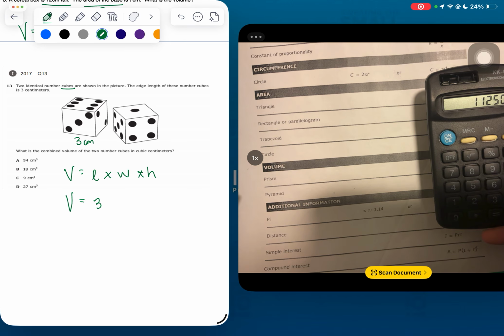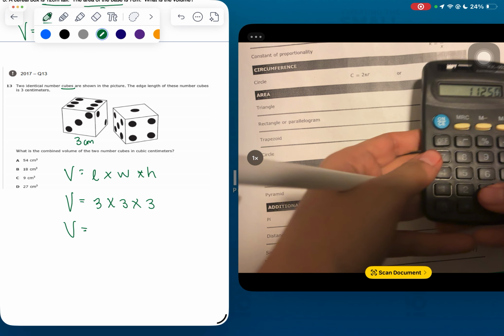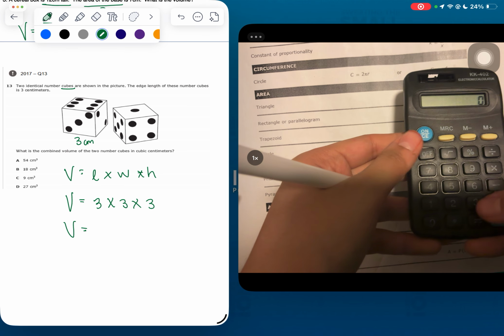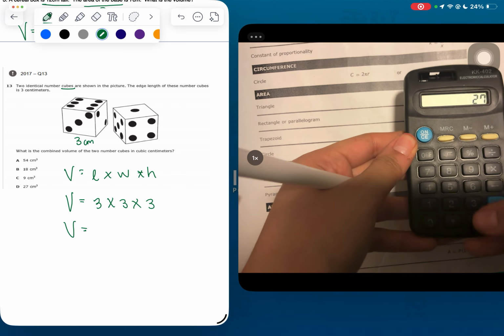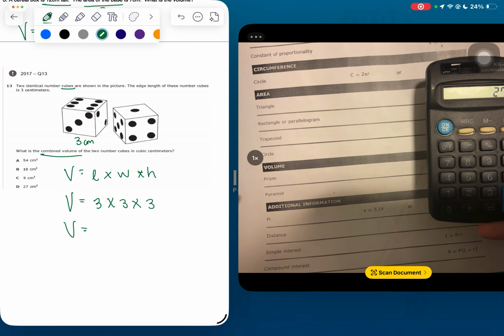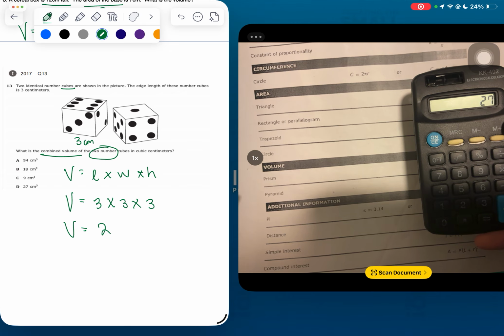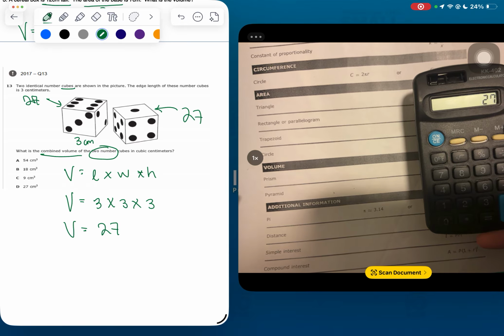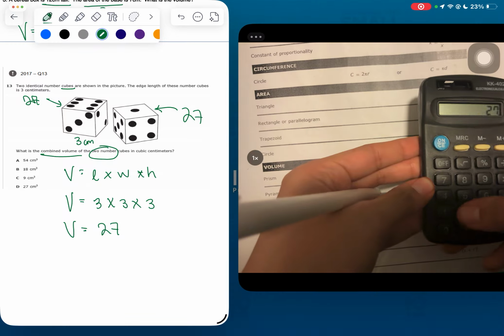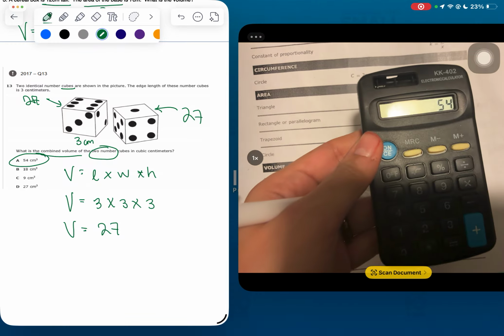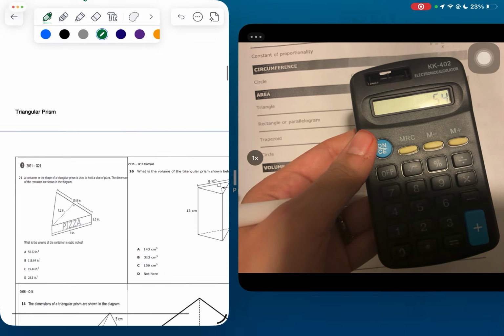So in this case, you're going to do 3 times 3 times 3, which is 27. But you need to find the combined volume of the two number cubes. Entonces, this one is 27, this one is 27. So we multiply 27 times 2, that's 54. So A. Okay.